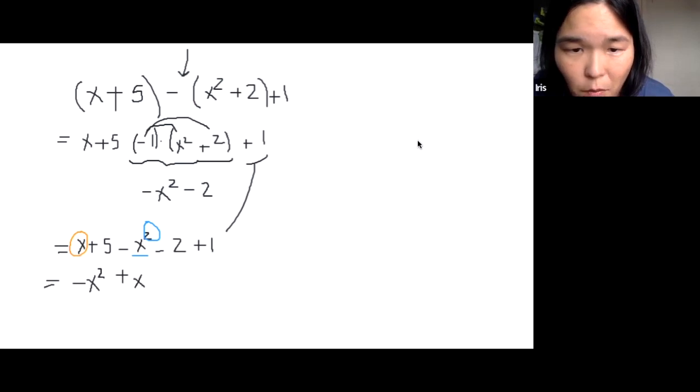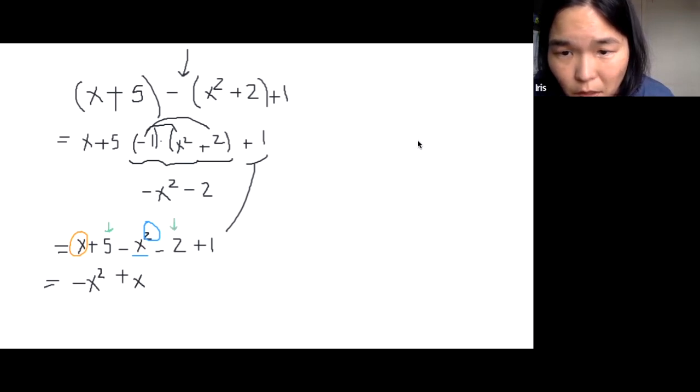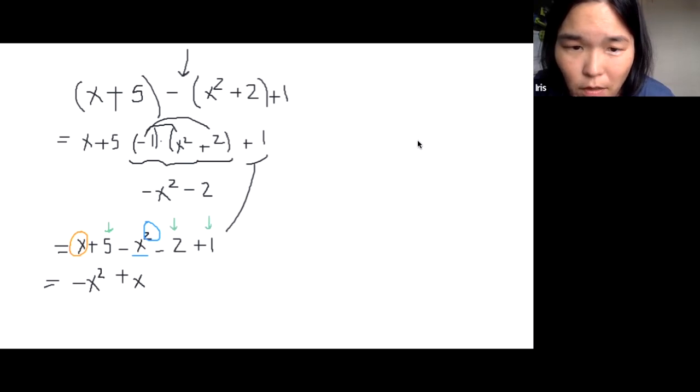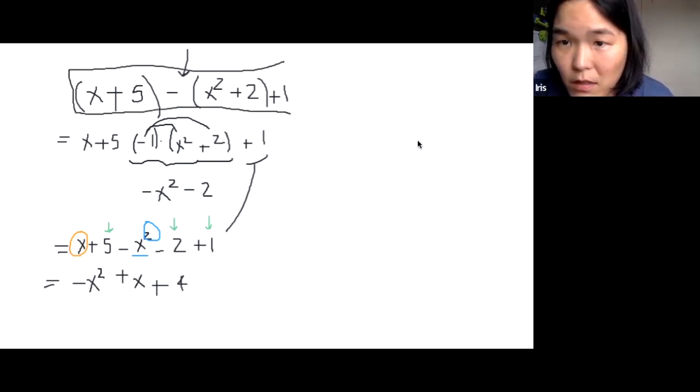And then I add all the numbers up. I have this number here, this number here, and this number here. So that's 5 minus 2 plus 1, that's 4, right? So this is my answer: minus x squared plus x plus 4. Yeah, when we add and subtract these, this is what I get. Is that okay?